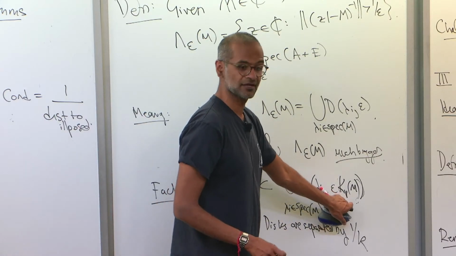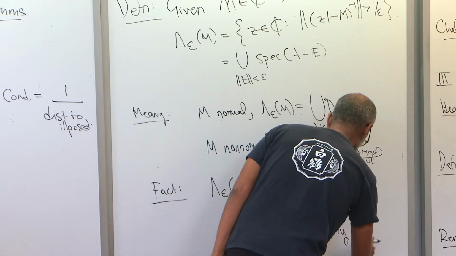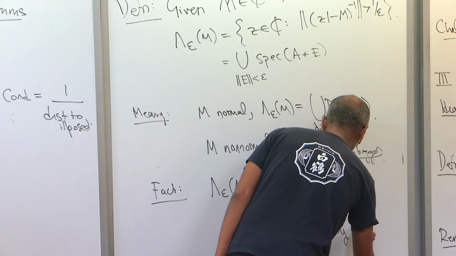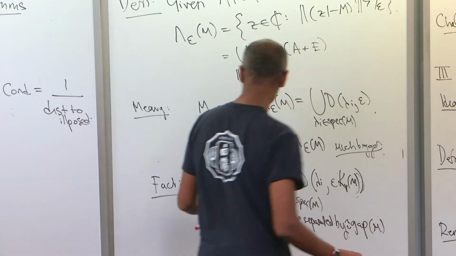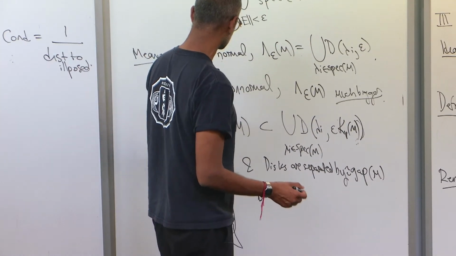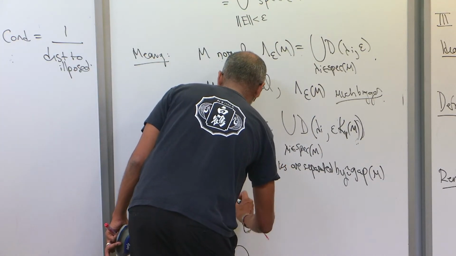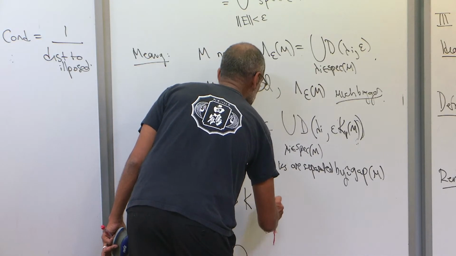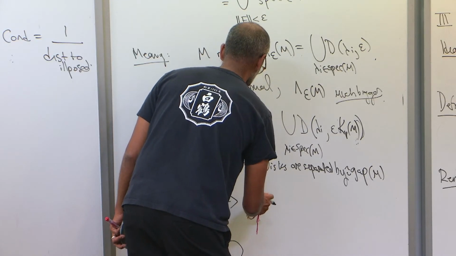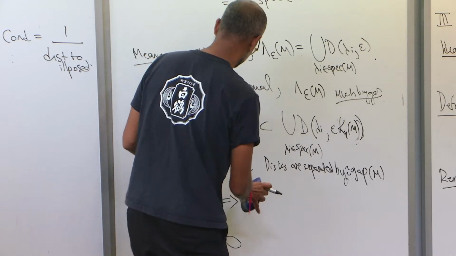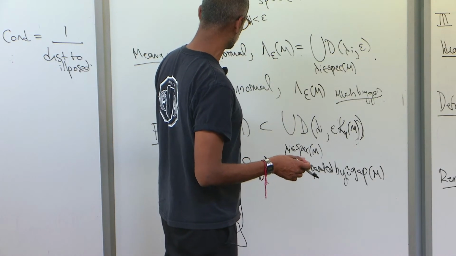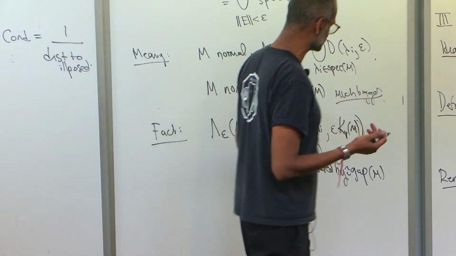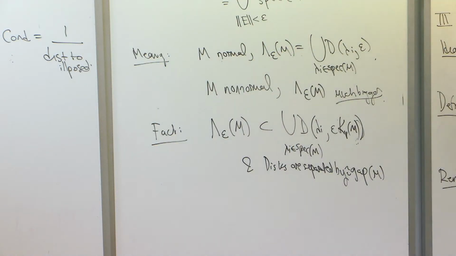This is kappa V, right? And the disks are separated by roughly the gap of M. This is a structural statement about the pseudospectrum. These two properties together are equivalent to this proposition, which is equivalent to having some bounds on kappa V and the gap.